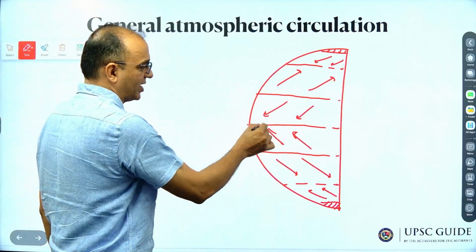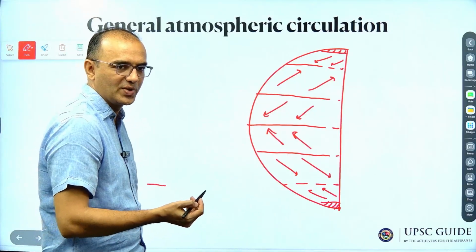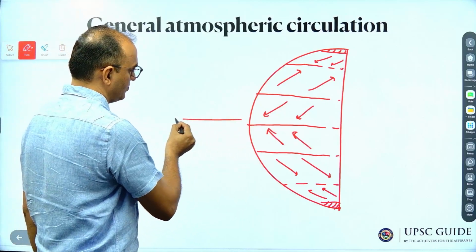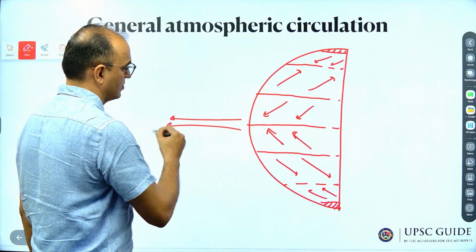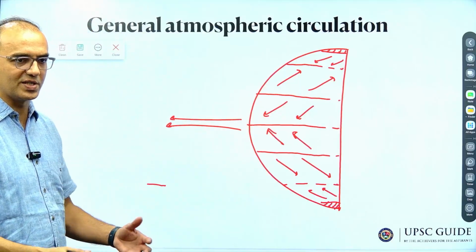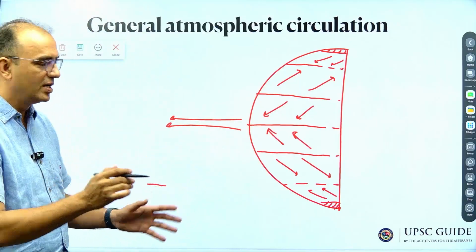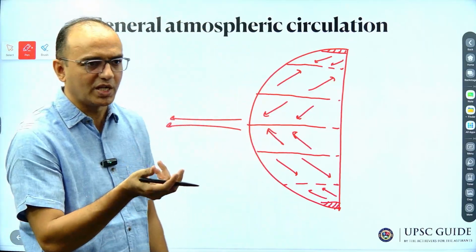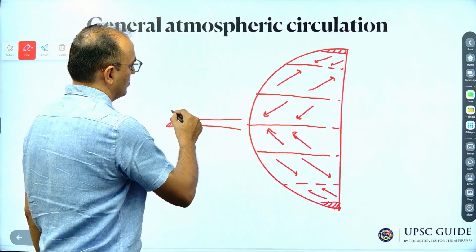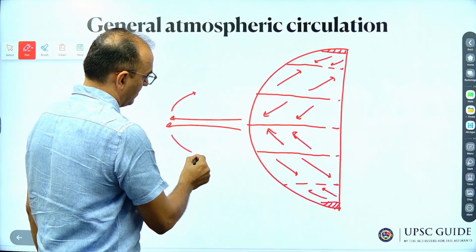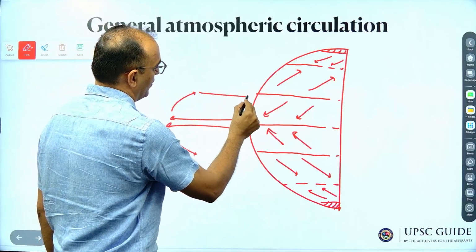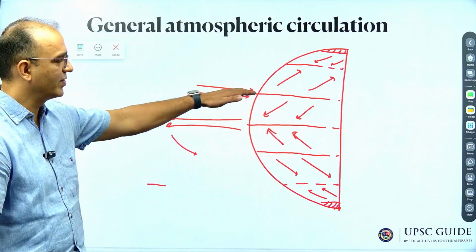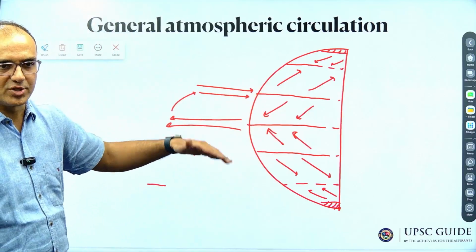What is happening here? The trades converge and move vertically upwards. That is why we have the equatorial low pressure belt. Winds go up, and once they go up, they diverge, and are deflected towards the poles because of the curvature and the rotation. Then the winds descend, giving rise to the subtropical high pressure belt.